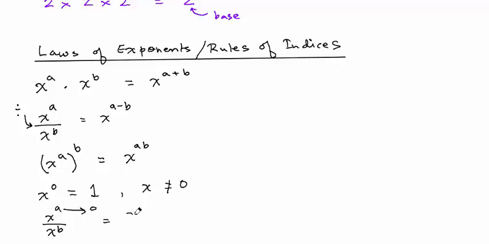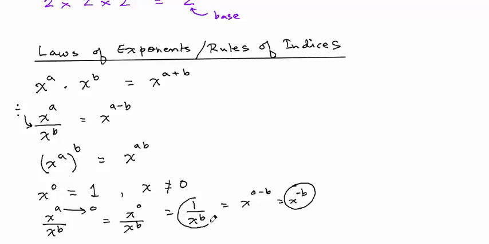So we have x raised to the 0 over x raised to the b. And we just learned that this is equal to 1. So 1 over x raised to the b is what we have. And that is equal to, if you apply the formula, x raised to the 0 minus b, which is x raised to the negative b. And that leads us to conclude that when we have a negative exponent, that's the same as the reciprocal of the exponent without the negative sign.